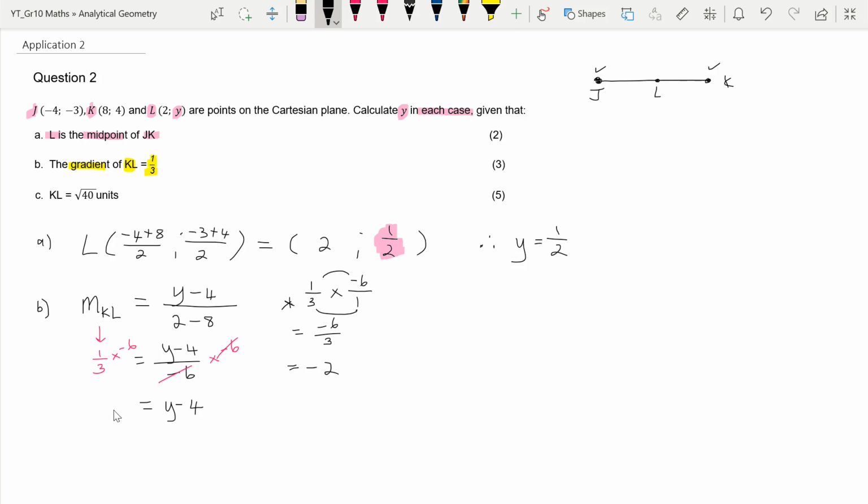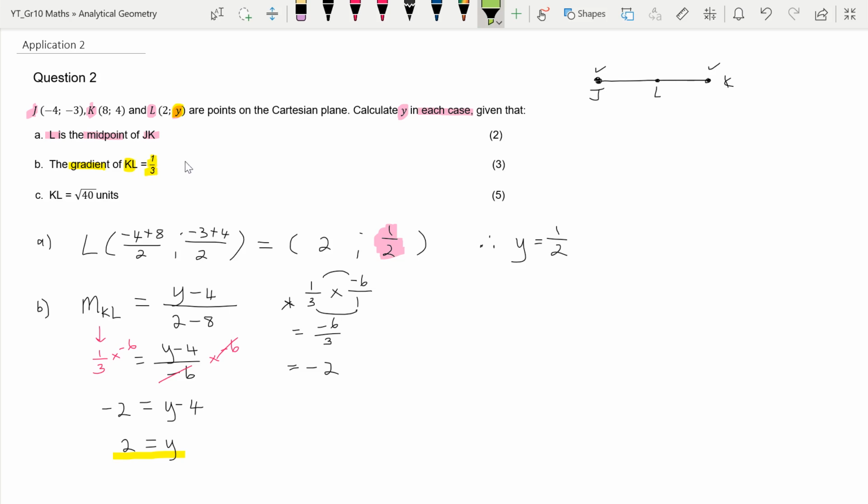Okay, so that's what we're left with. And then finally, to get y, I'm going to plus 4 on both sides, which will give me 2. So in the second case, where the gradient of KL is a third, that would mean that your y value for this L coordinate must be 2.